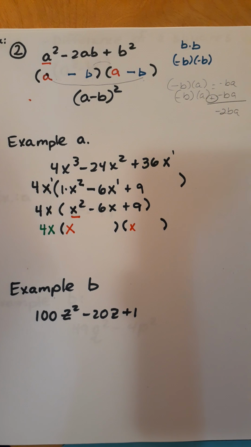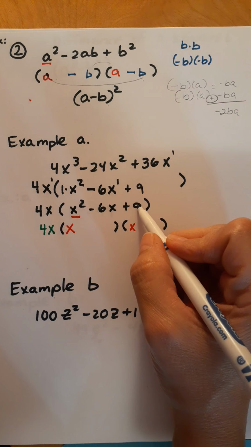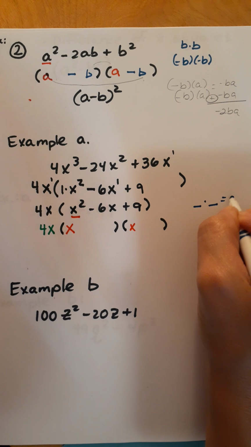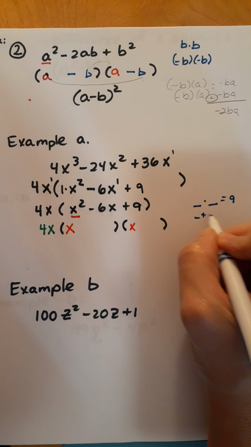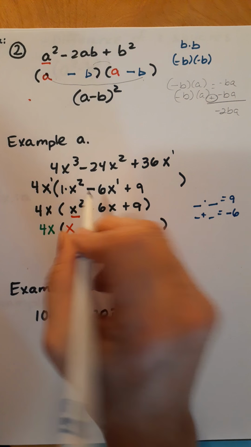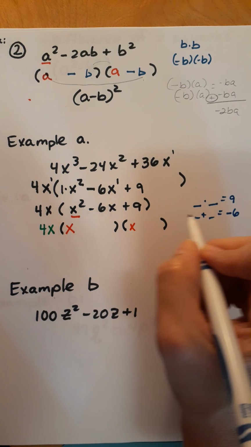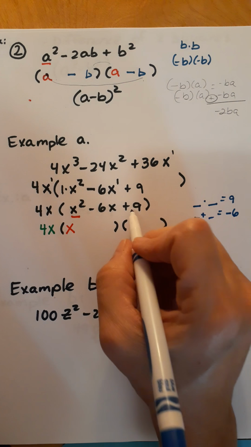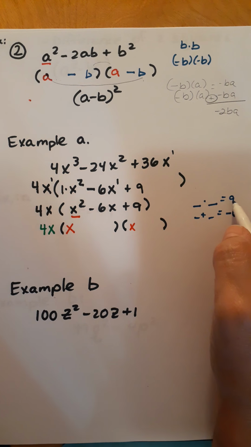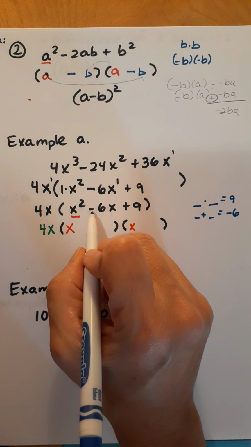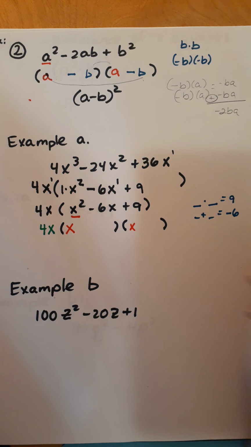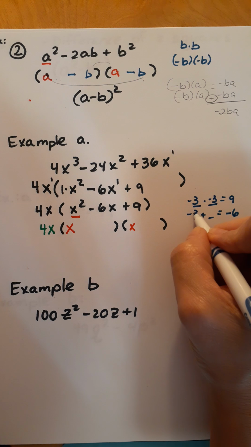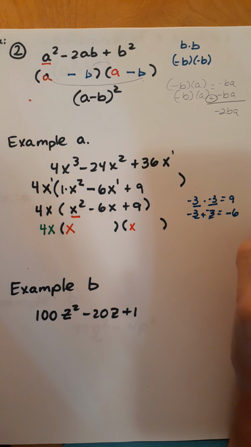Now the 9. This 9 has to be what 2 numbers when I multiply give me 9, and when I add them give me -6? Well, 9 could either be 3 times 3 or -3 times -3 because it's a positive 9. Obviously, because of the middle term being negative, it should be -3 times -3, which -3 plus -3 is -6.